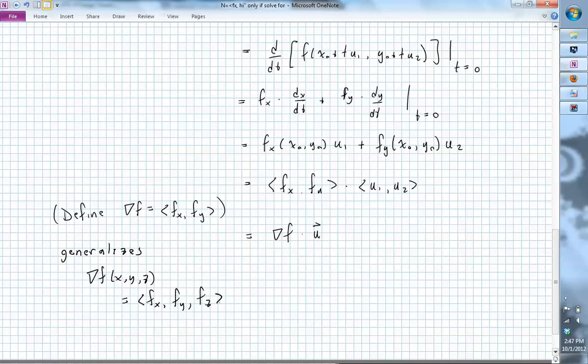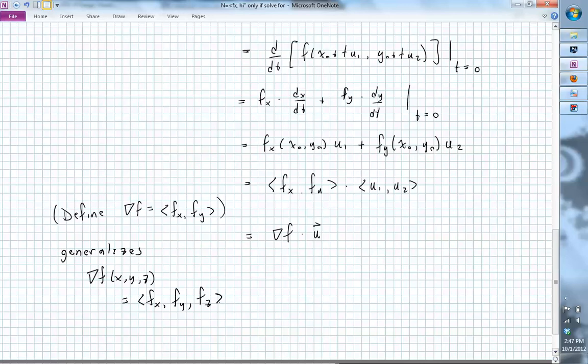All right, so as many variables as you want. If you have n variables, then the gradient is a vector with n components, and each component is just the partial with respect to that variable. Okay, and it can go out as long as you want. We're only going to work with 2 and 3 variable functions.